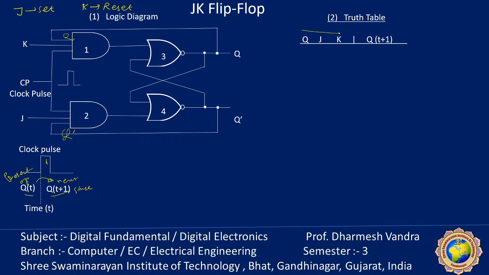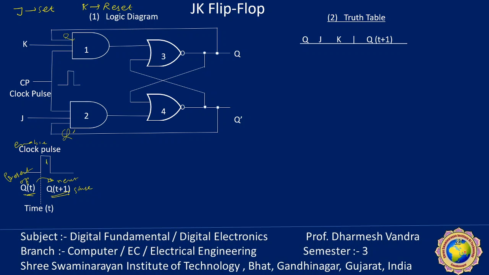So this is my clock pulse. Once the clock pulse changes to 1, the output is known as Q(t+1). When the clock pulse is 0, the condition of Q is known as Q(t). It is very important: Q(t+1) and Q(t) differ in that it is the state of the output of any flip-flop just whenever the clock pulse becomes enabled.